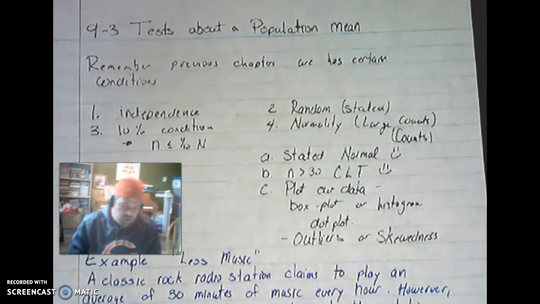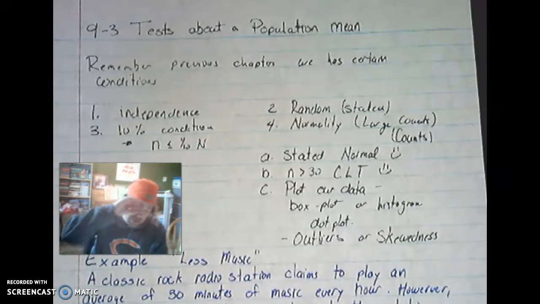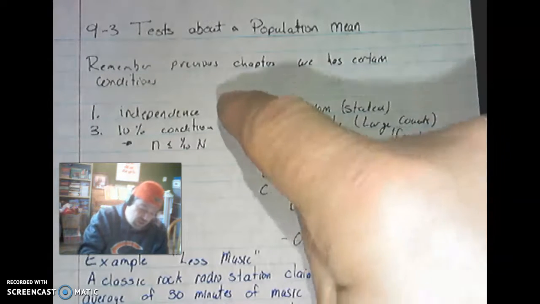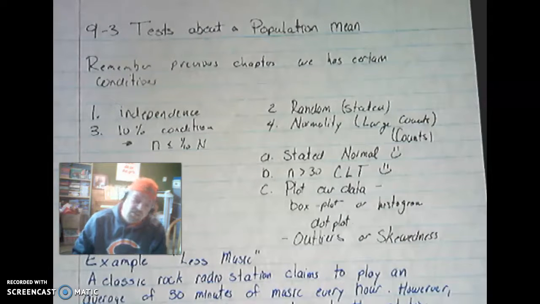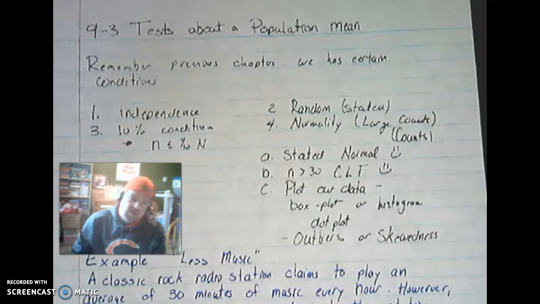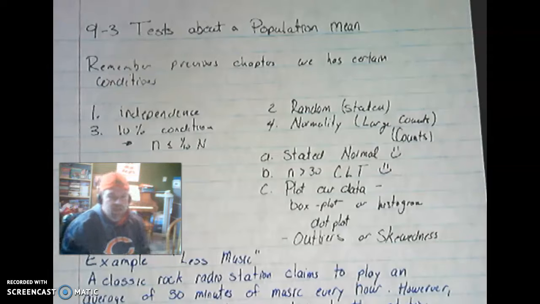If you remember from previous chapters, we had certain conditions. Independence, which was really easy to say because usually one thing is not going to affect the other. Random, which was just going to be stated. Our 10% condition: our sample has got to be less than 10% of the entire population we're looking at.